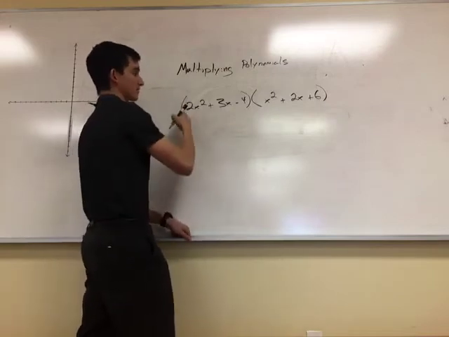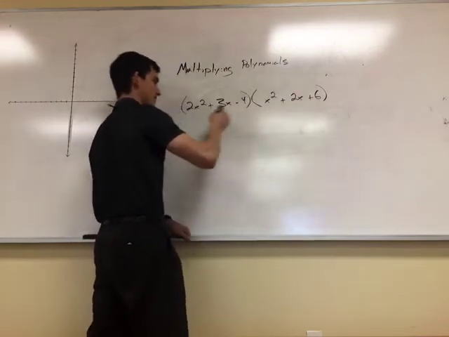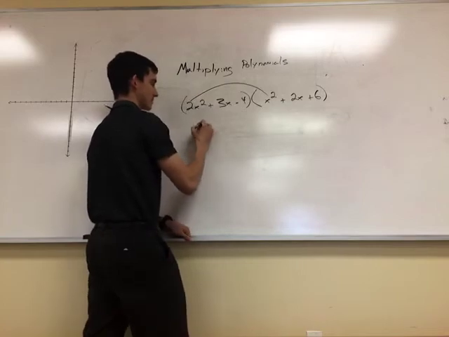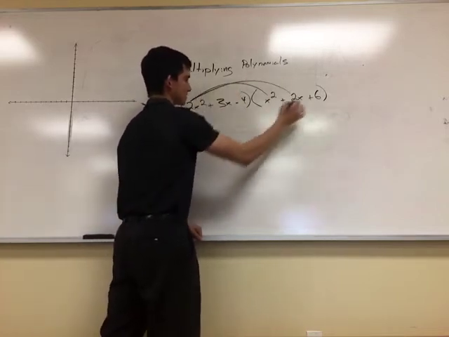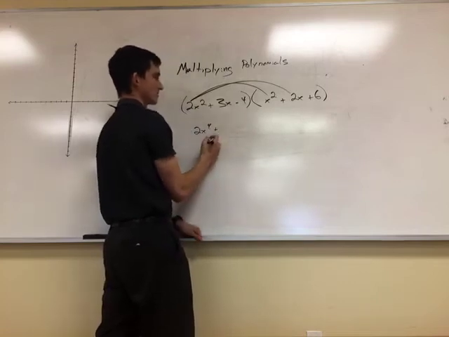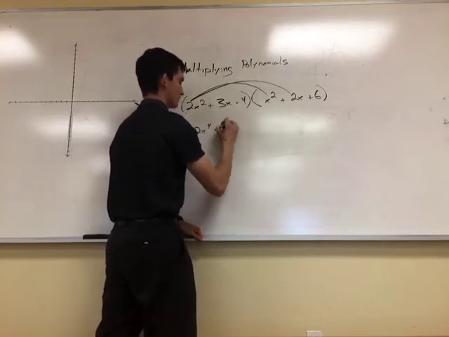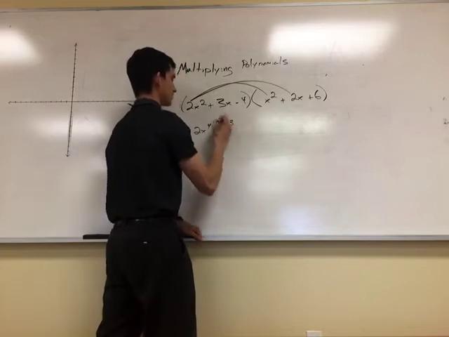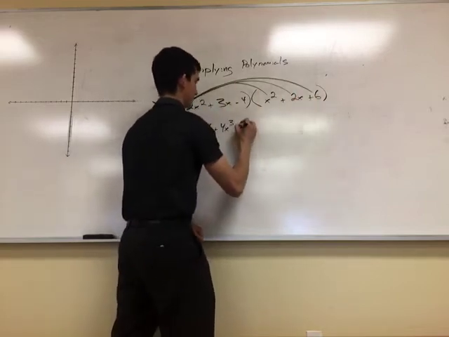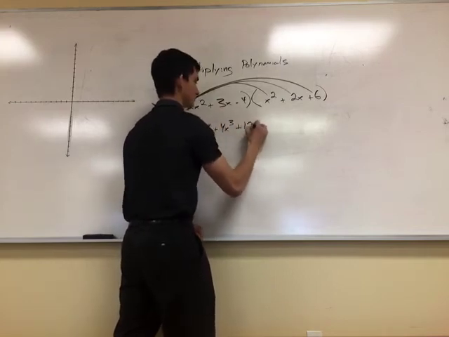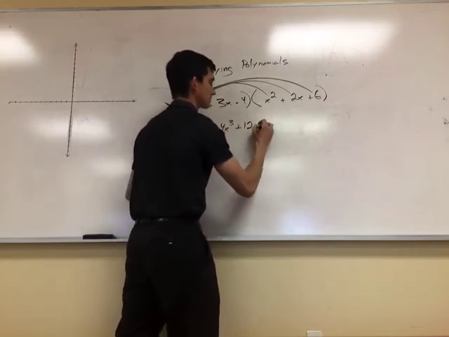I'm going to do this one quick: everything in here multiplied by everything in here one time. So 2x squared times x squared is 2x to the 4th. 2x squared times 2x is going to be plus 4x cubed. 2x squared times 6 is going to be plus 12x squared.